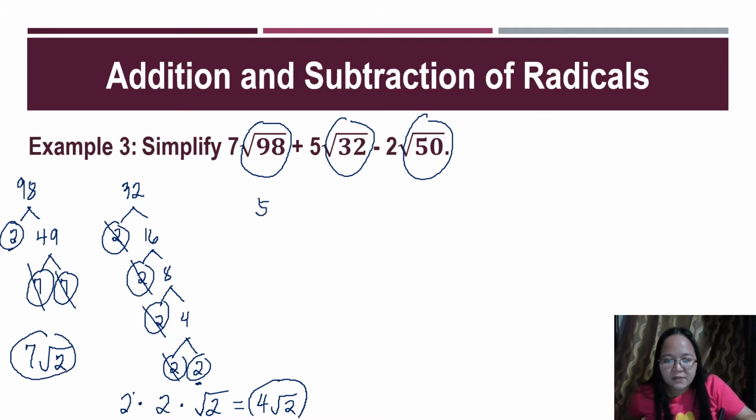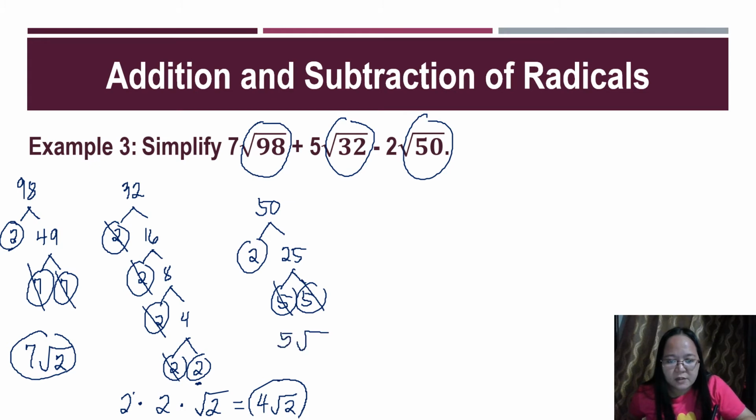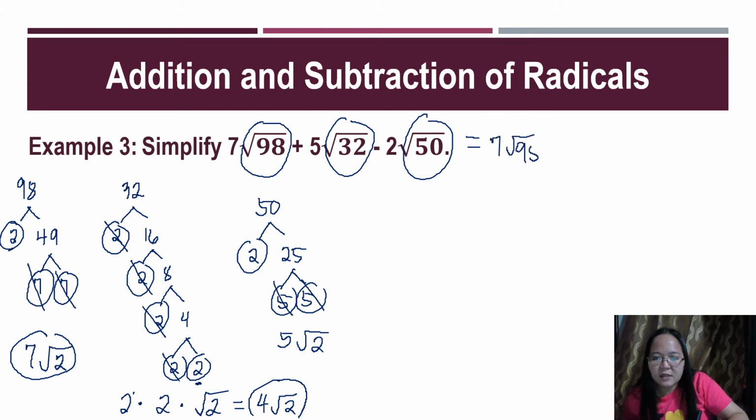Next, let's have 50. So this is 2 times 25 and 5 times 5. So this is 5 square root of 2. So we will rewrite this 7 square root of 98 plus 5 square root of 32 minus 2 square root of 50.